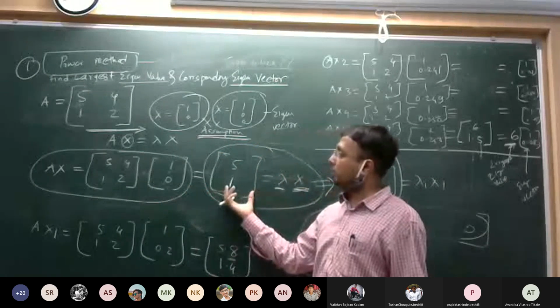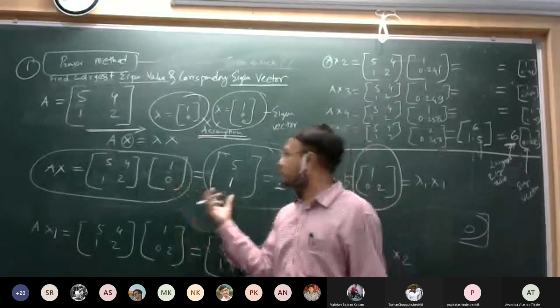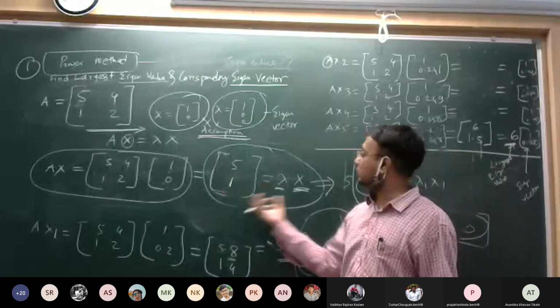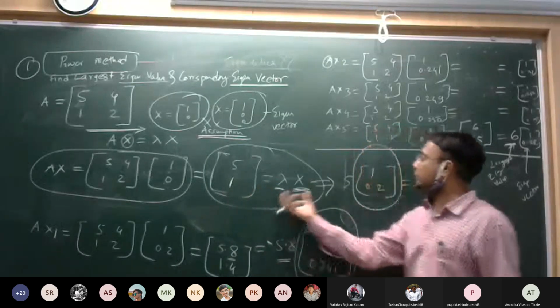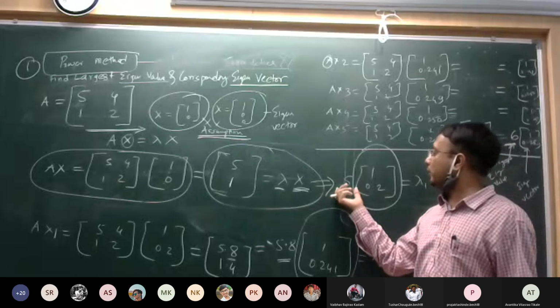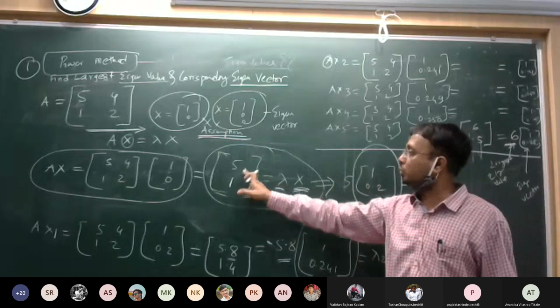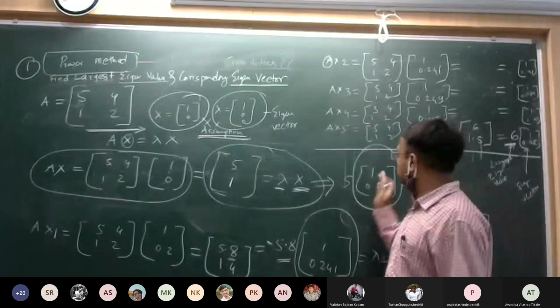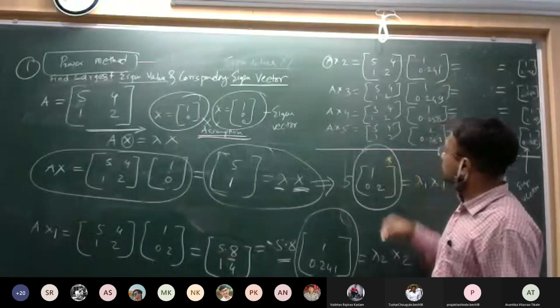Calculate the multiplication of these two matrices and obtain the result in the format of lambda x, where lambda would be the largest eigenvalue. So we draw 5 out, and 1, 0.2 is the new eigenvector.